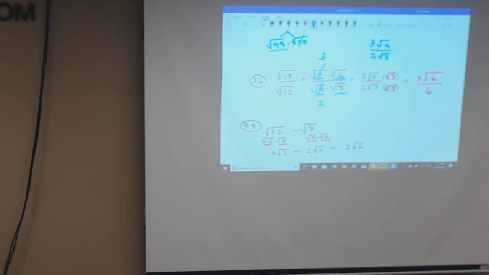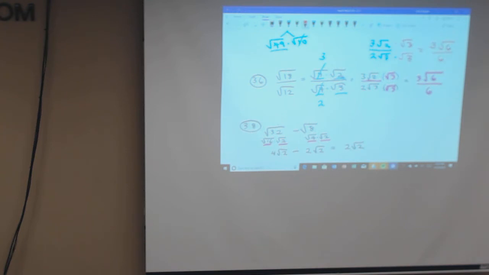So I take the top and the bottom, I'll change colors here, times radical 3 over radical 3. Because I'm rationalizing the denominator, I end up with 3 times the square root of 6 over 6.